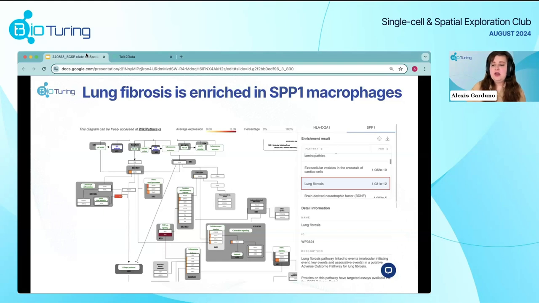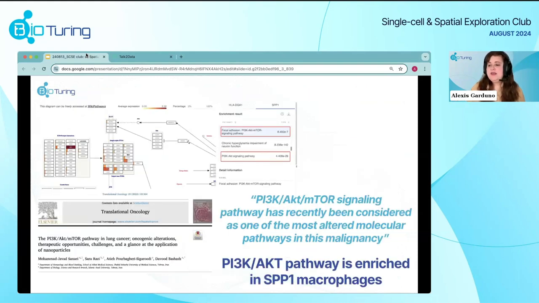So if we go further into the analysis from here, we can see that the PI3K and the mTOR pathway is significantly enriched in these SPP1 macrophages as well. So the pathway has been considered as one of the most altered molecular pathways in lung cancer malignancy, which you can see from the result here and how I'm able to fit that to other translational oncology data that has shown the same results as well.